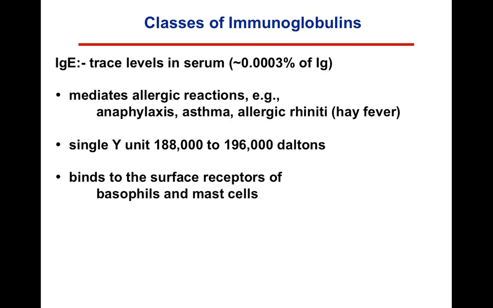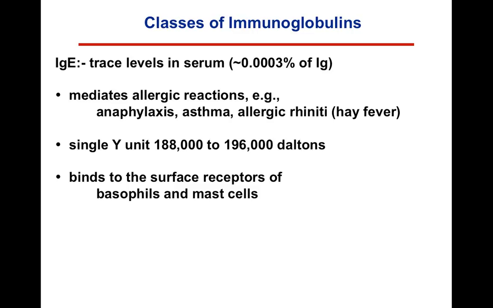They're the key protein in mediating type 1 hypersensitivity reactions: anaphylaxis, asthma, allergic rhinitis, referred to as hay fever. So these antibodies are involved with that interaction and in the activation of mast cells. We will talk about that later on, but for now this is just to introduce you to that.